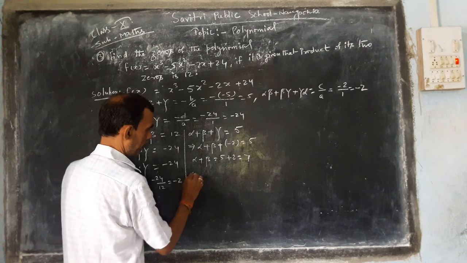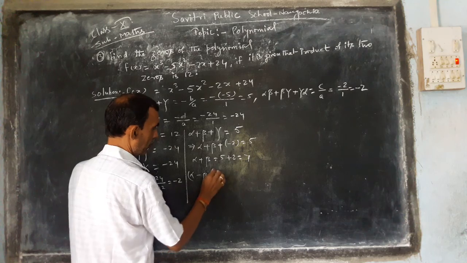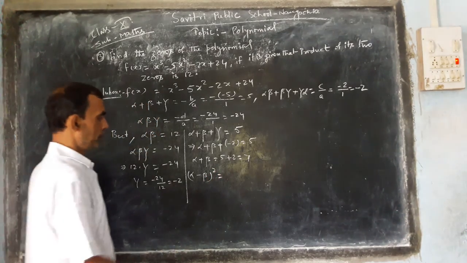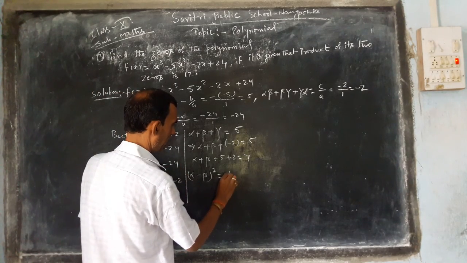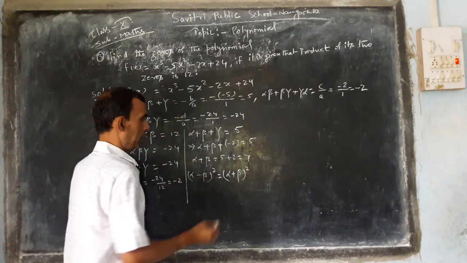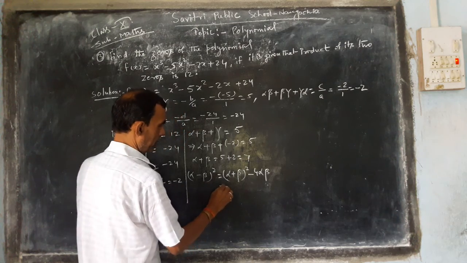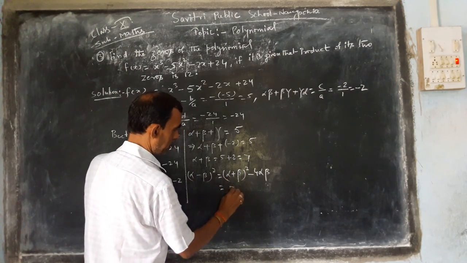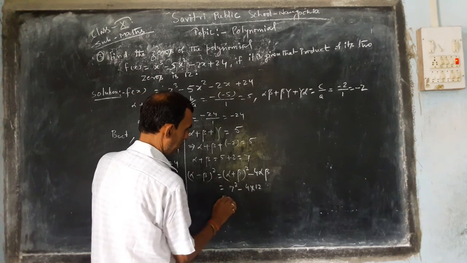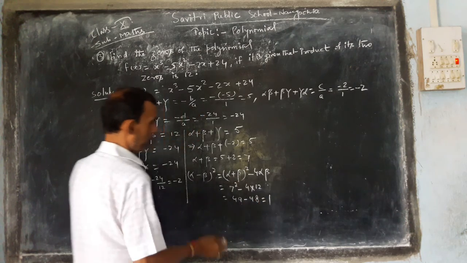We know that (α − β)² = (α + β)² − 4αβ. That is 7² − 4 × 12 = 49 − 48 = 1.